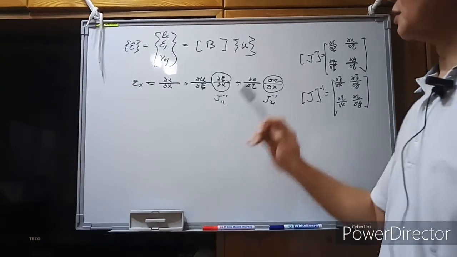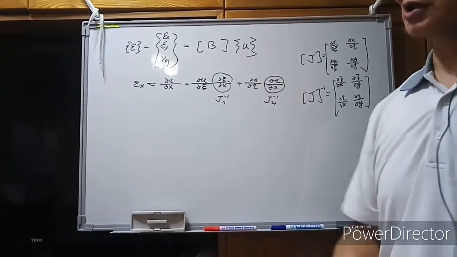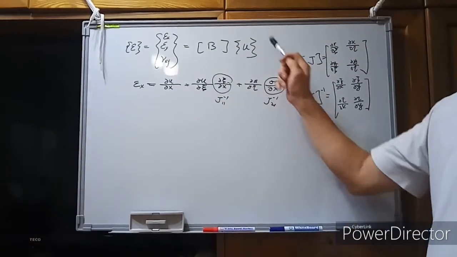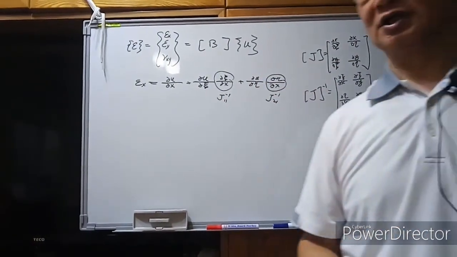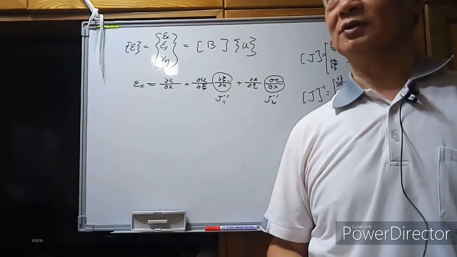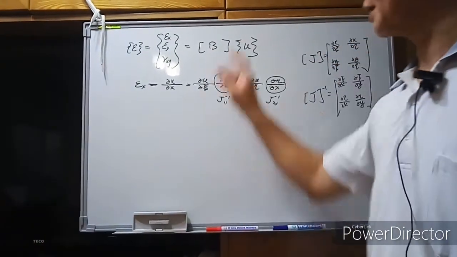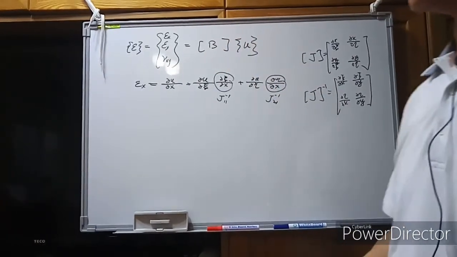The assumed nodal displacements are the displacement vector, which includes all the related nodal displacements for these problems. So the B matrix is unchanged.